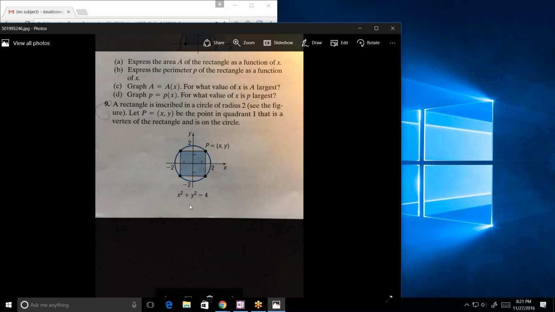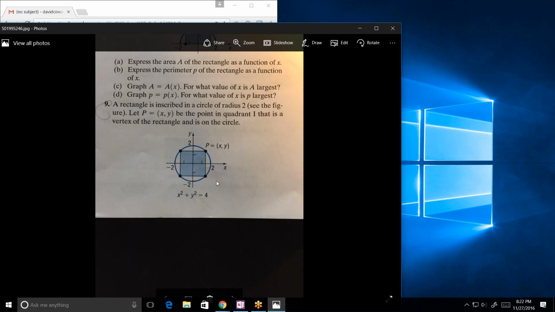And we know y is still, if we solve this equation of the circle here, you get y equals plus or minus the square root of 4 minus x squared. But looking at that rectangle, the base is 2x and the height is 2y. And we know what y is. And we can use the plus square root of 4 minus x squared.